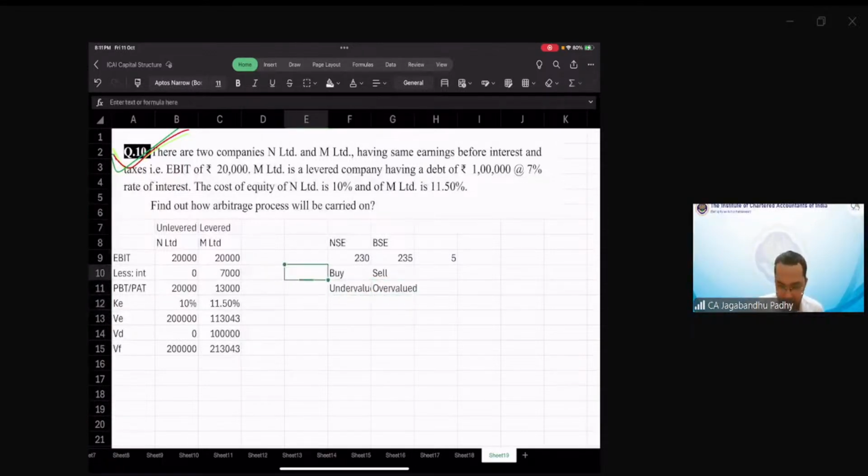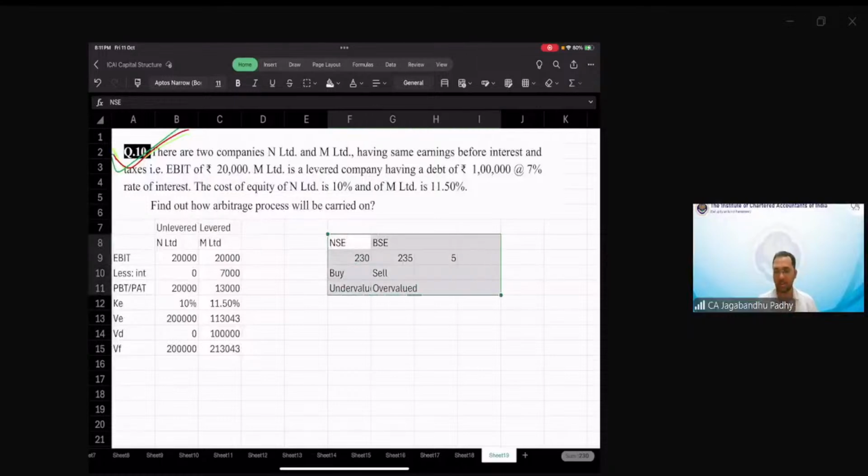Now, a similar strategy of buying one share and selling another will be undertaken by this arbitrage process. I hope the arbitrage process is clear. What do we really mean by arbitrage?